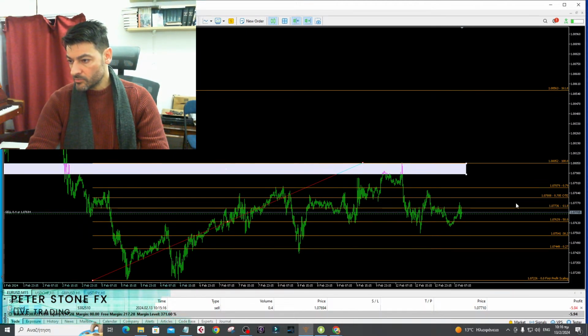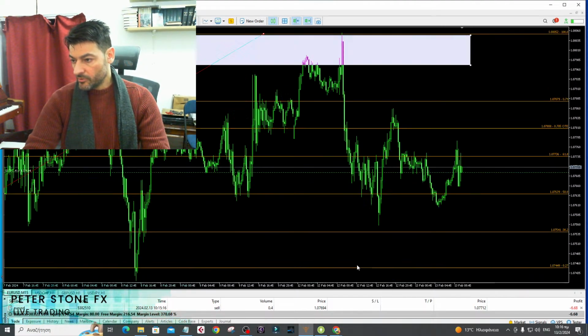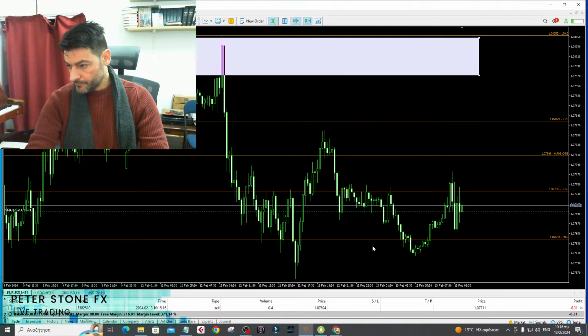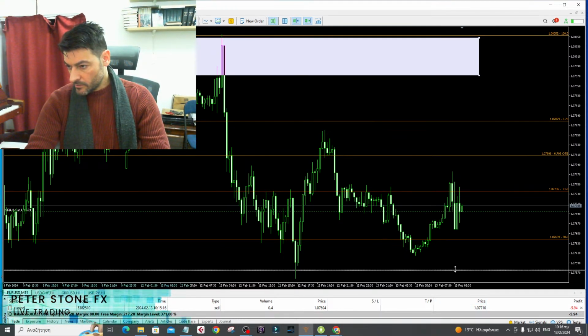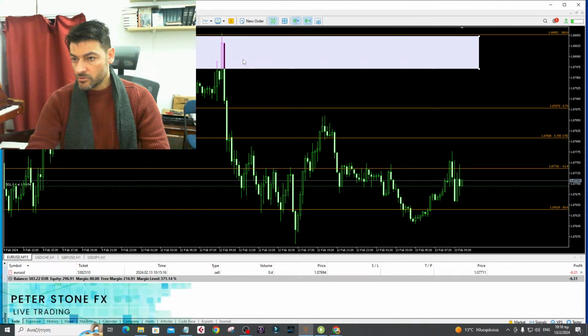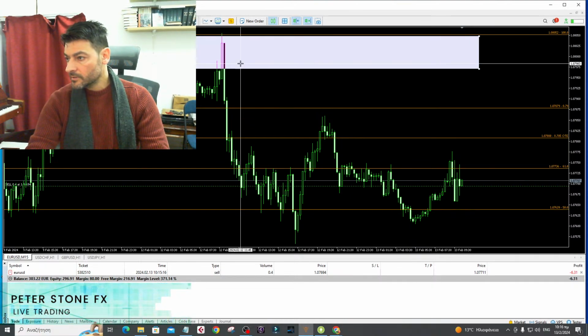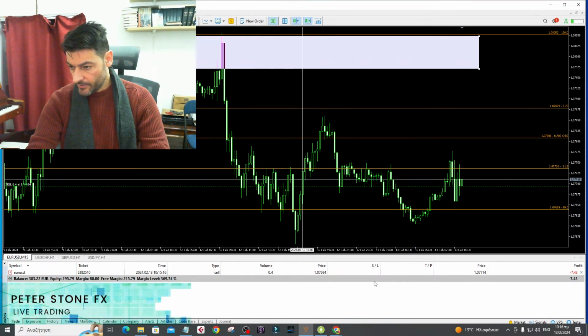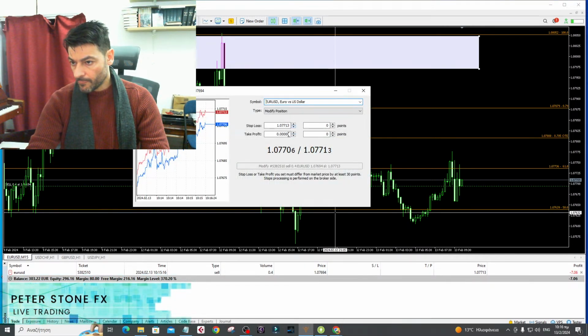So we are at almost 61.8%, anticipating to go for these equal lows in the very optimistic scenario. So let's put a stop loss at 79,983. It's the same trade from yesterday.